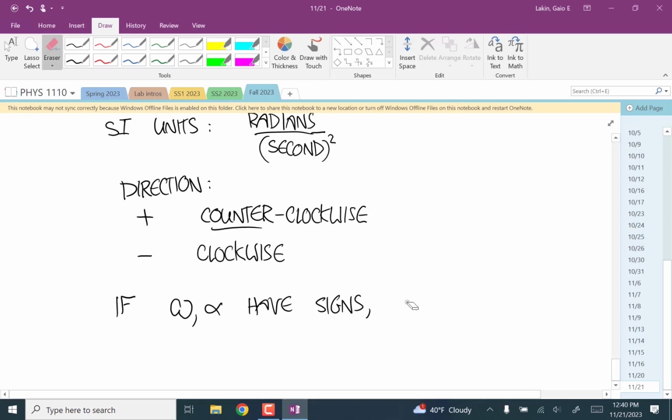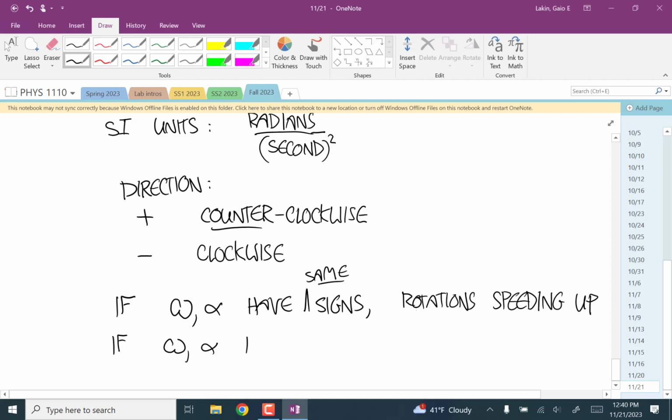So let's say the rotations are speeding up. And if omega and alpha have opposite signs, the rotations are slowing down.